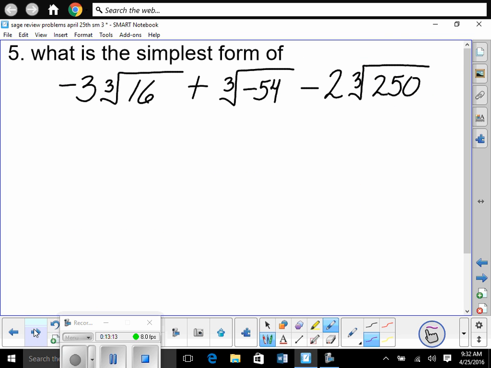Couple more. It says, what is the simplified form of this? So notice we're adding and subtracting a bunch of radicals. Now remember clear back a long time ago, this lesson was many, many moons ago. I think it was the first half of the year. To add or subtract a radical, you have to have like radicals.